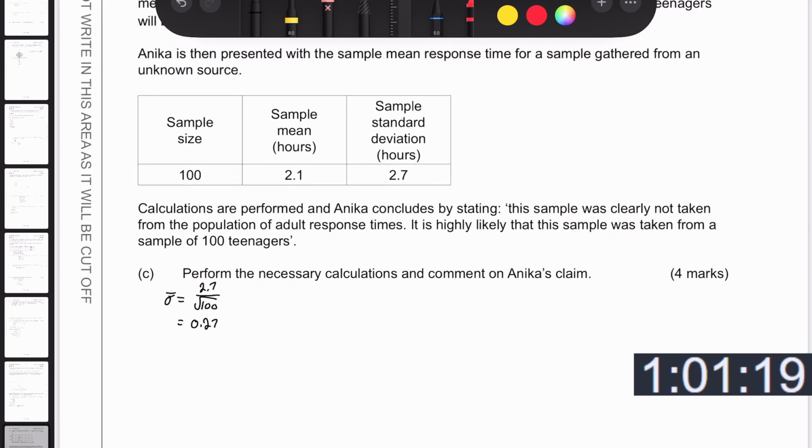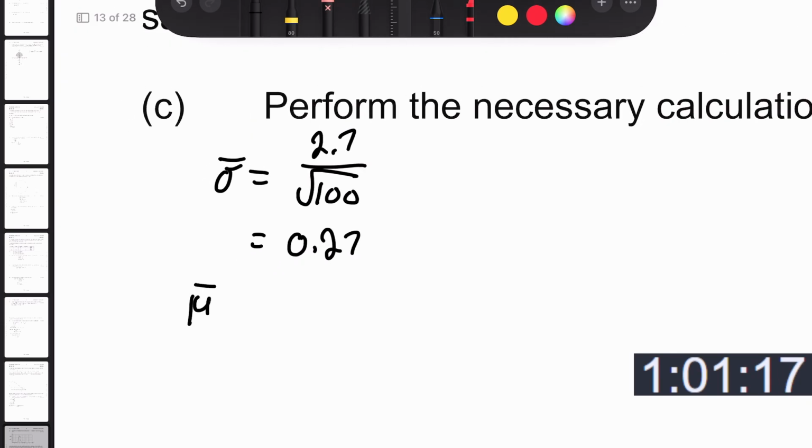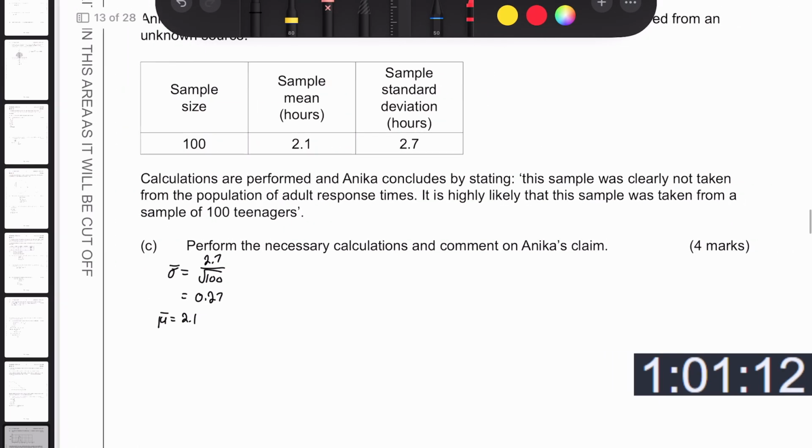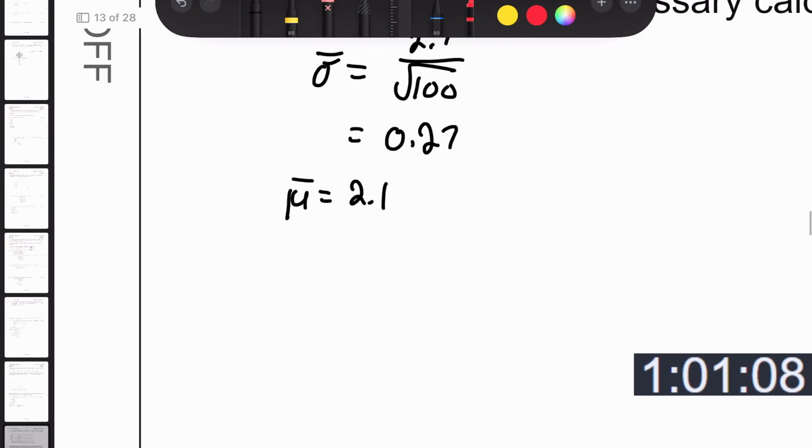And then the sample mean is 2.1. So let's get a margin of error. Let's say 95% confidence interval.